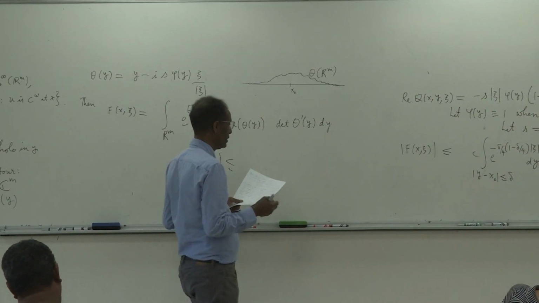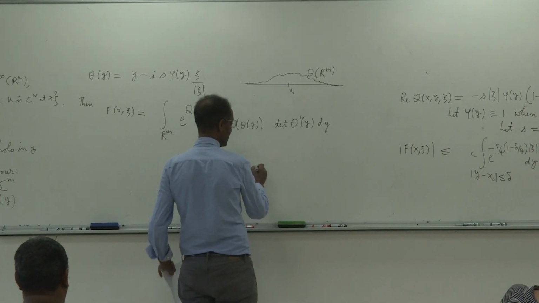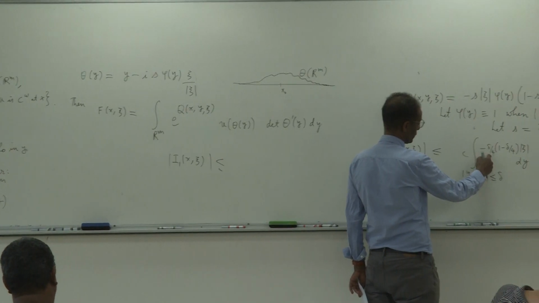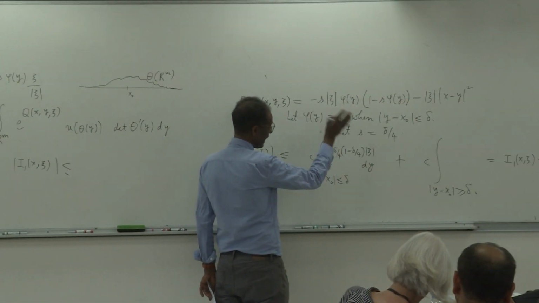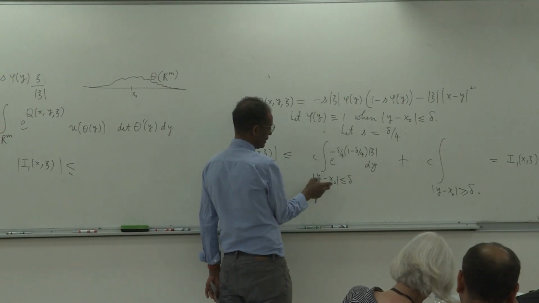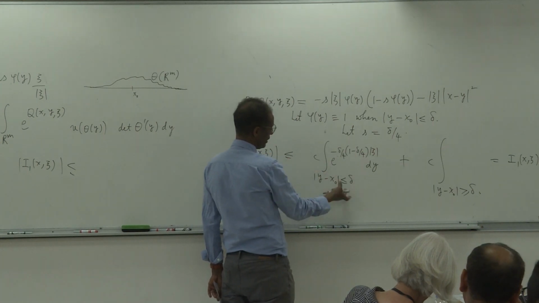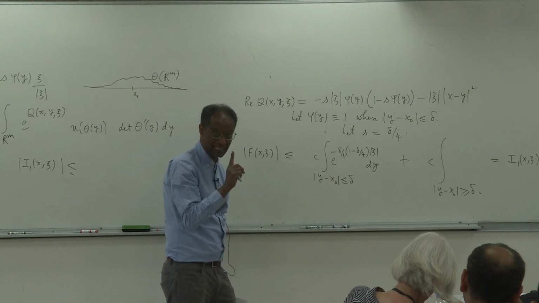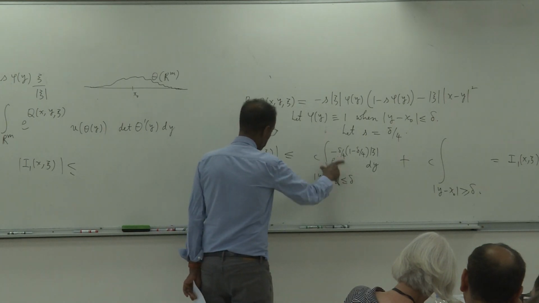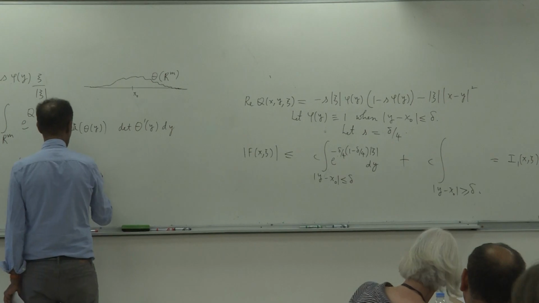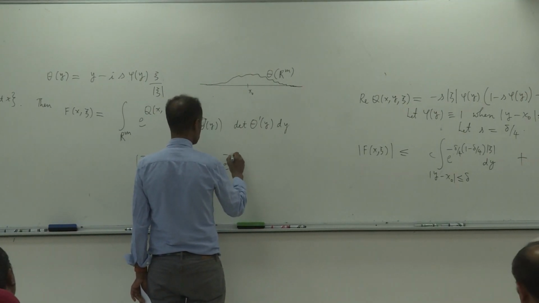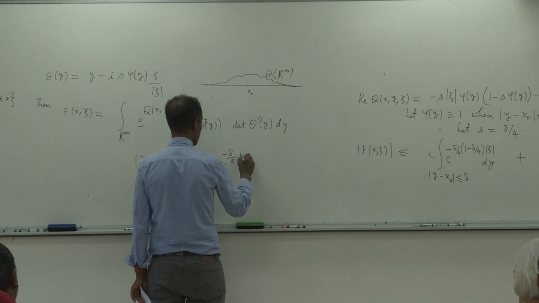So I1 is easily seen to be less than or equal to a constant times the integral of e to the minus delta over 8 or delta over 16 times norm of C. This is a compact set, and these estimates are independent of C. And so this part easily is less than or equal to some constant times e to the minus delta over 8 norm of C.